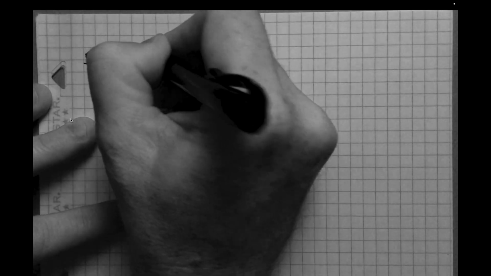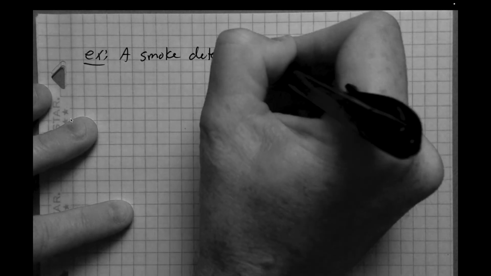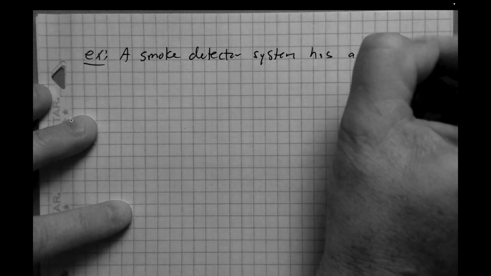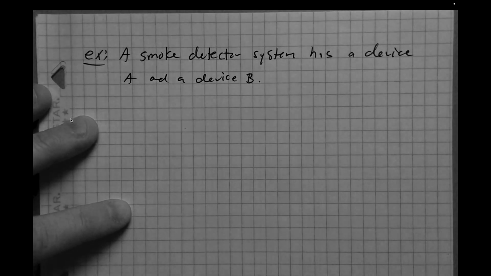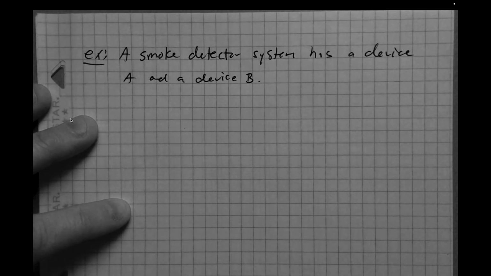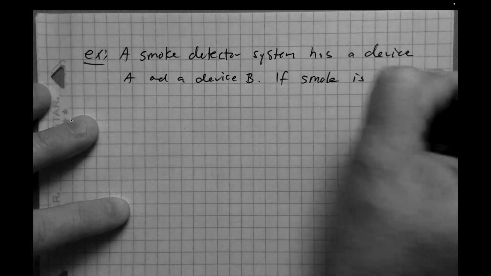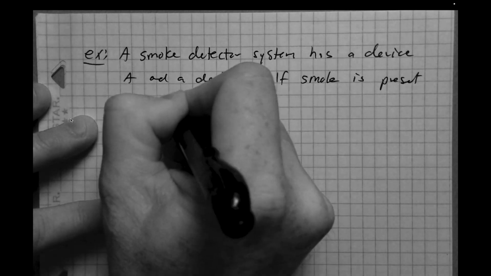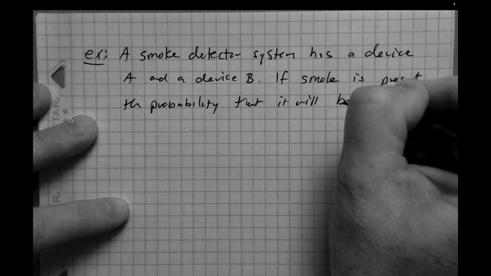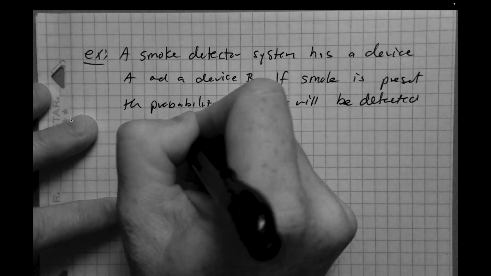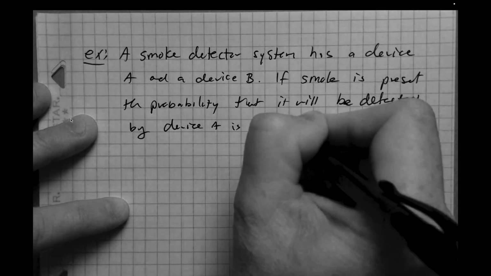All right, so let's do an example. This is a smoke detector example. A smoke detector system has a device A and a device B. If smoke is present, the probability that it will be detected by device A is 0.95, right?